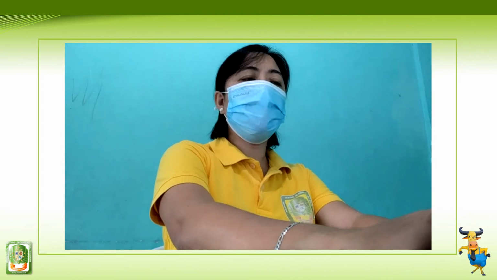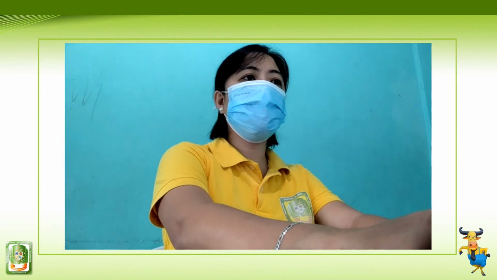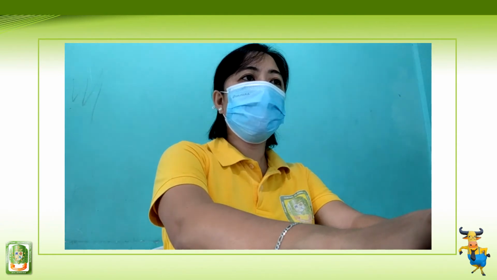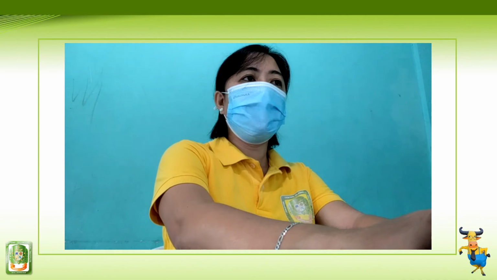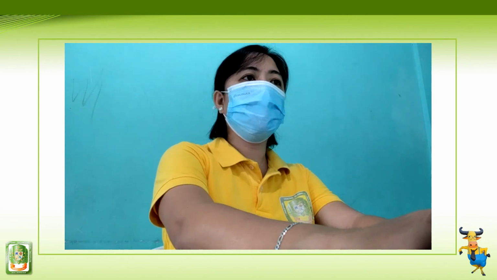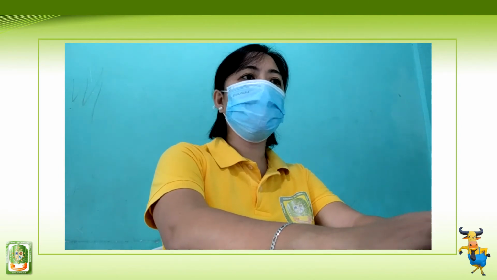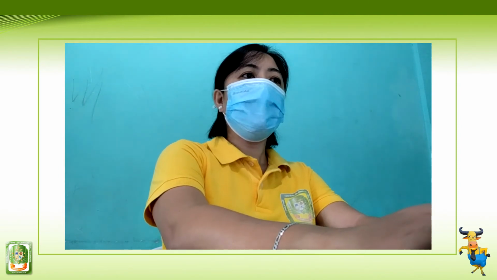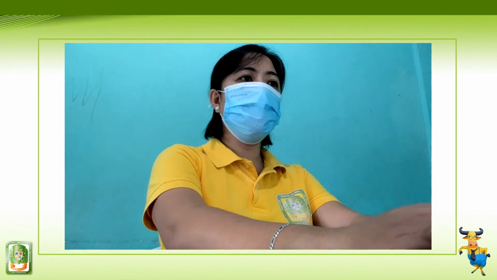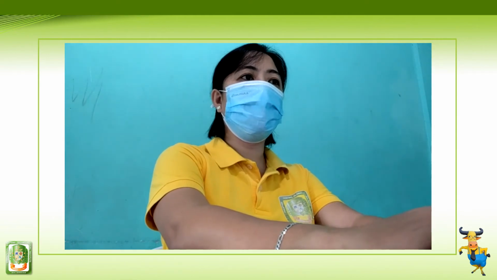Number 4, cultivating tools. Hand trowel, used for balling seedlings, and it is also used for cultivating soil around the plants. Hand cultivator, used for cultivating a garden plot by loosening the soil and removing weeds around the plants.